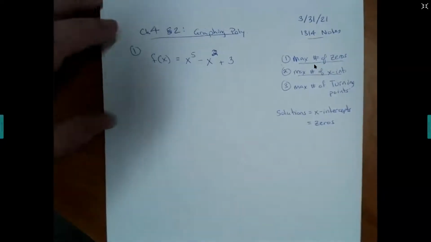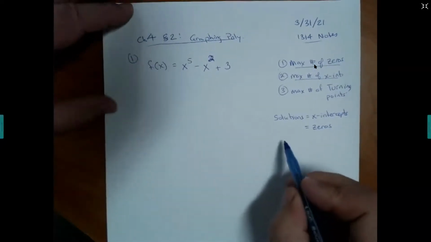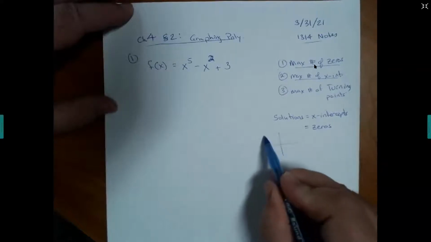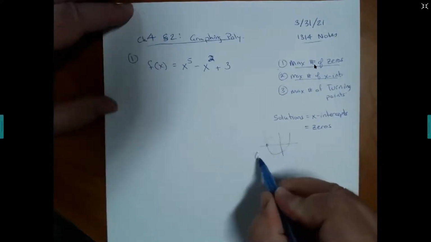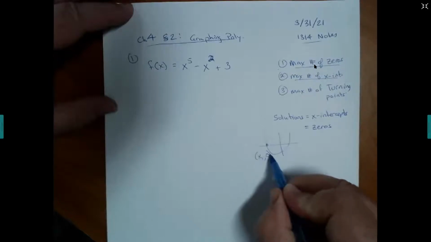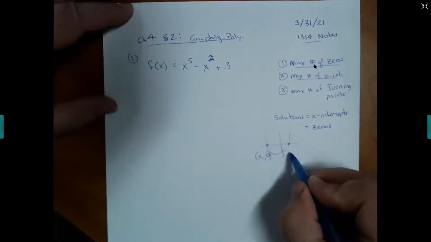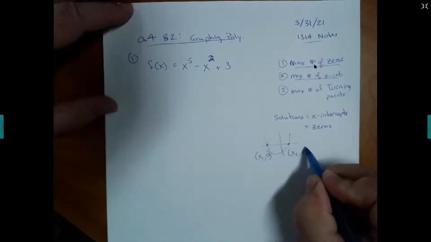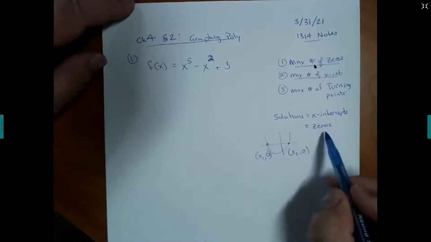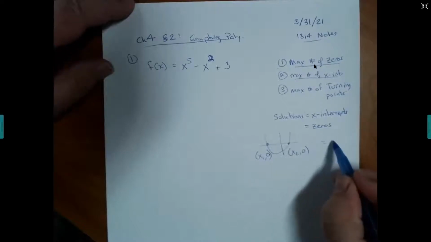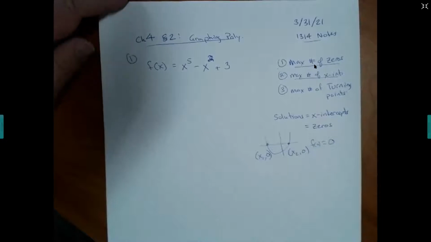The reason they're called zeros is because when you cross the x-axis, the y value is 0 at that point. So when they say zeros, you set the equation equal to 0 and solve for x.